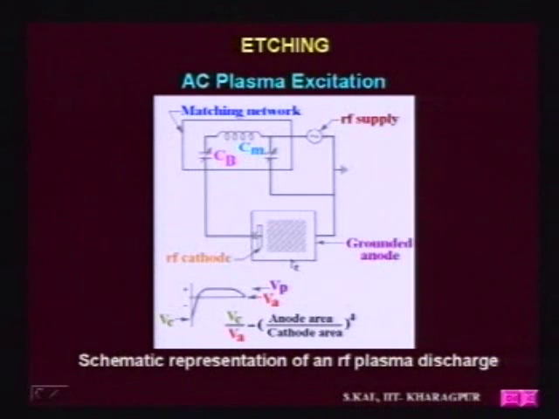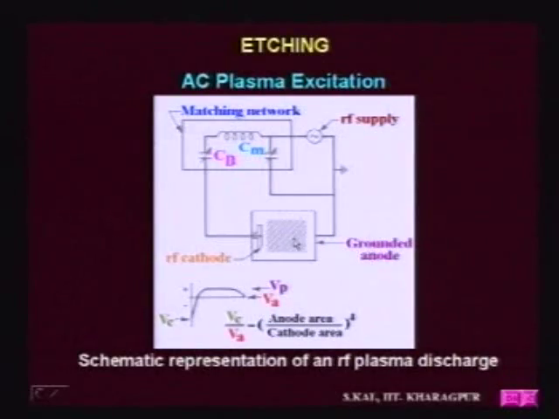Okay. Now, let us see how the reaction takes place in case of AC plasma excitation, because here there is no fixed electrode; it will be sometimes positive and sometimes negative. So, for example, if this particular electrode, the RF cathode, is positive, then what will happen? The electrons will be accelerated towards the positive electrode.